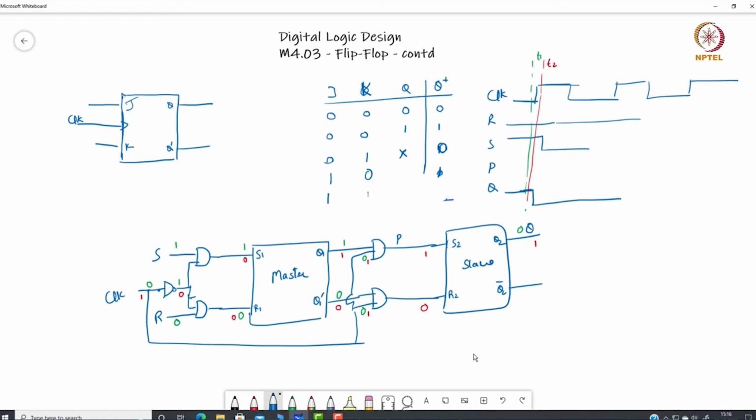When both of them are 1, then the output is the inverted output of the previous state. So if we write the characteristic equation, it will become something like this, that the next state depends on J Q dash plus K dash Q.